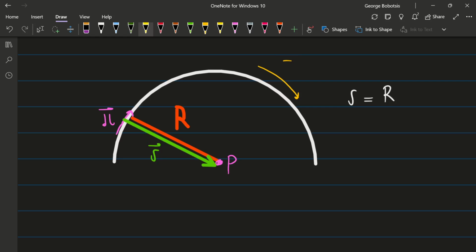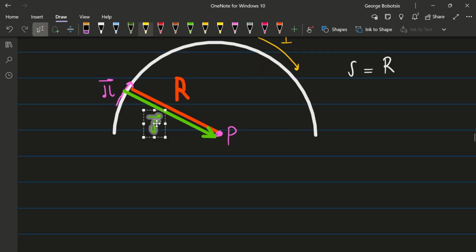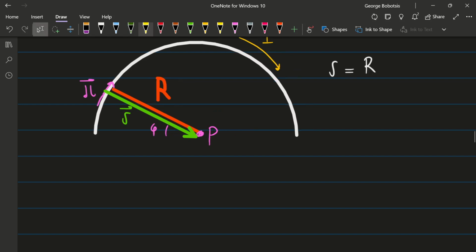What do you think? Should I use Cartesians or something else? Polars might be good, right? With polars, the benefit here, guys, is that you have an angle that describes the position of the dL, and you can vary that angle easily to cover the integral that you need from 0 to just pi over here. It's so easy for the bounds as well.